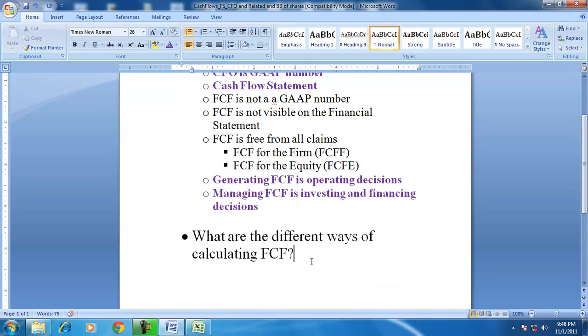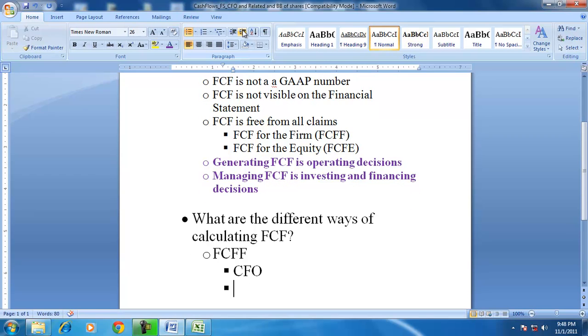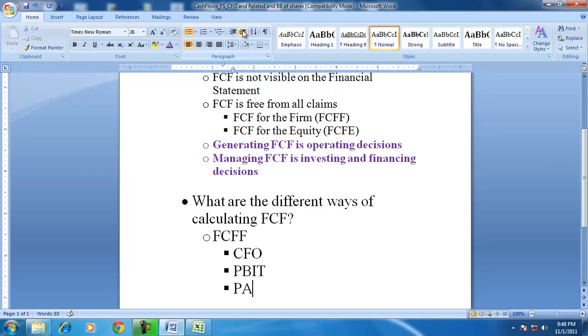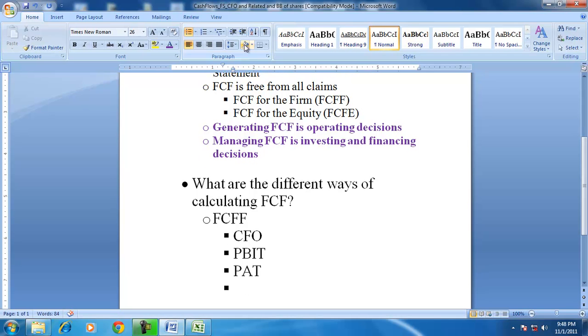There are different ways in which the free cash flows can be computed. Free cash flows for the firm can be computed from CFO, from PBIT, from PAT, or from NOPAT.